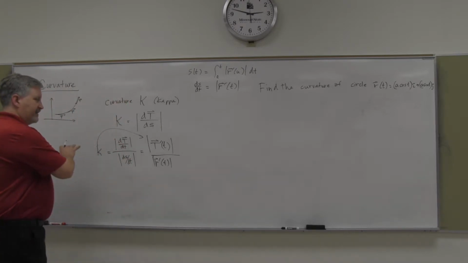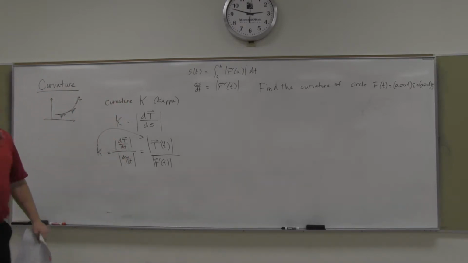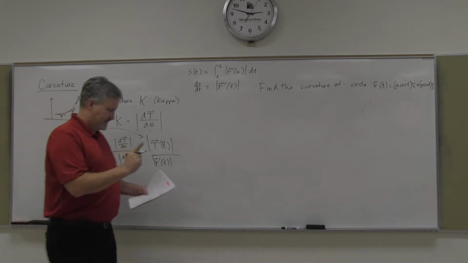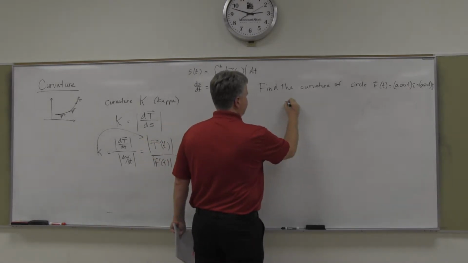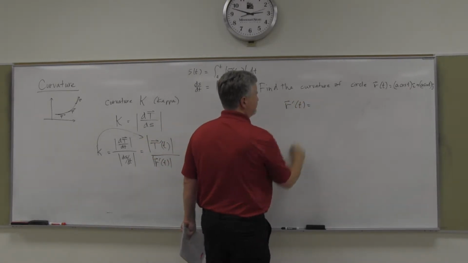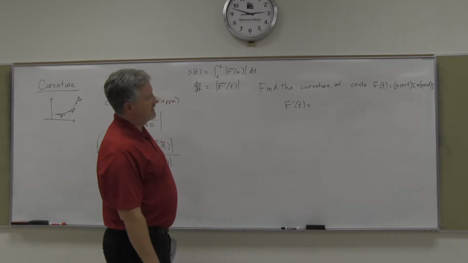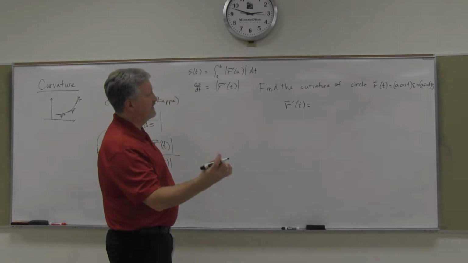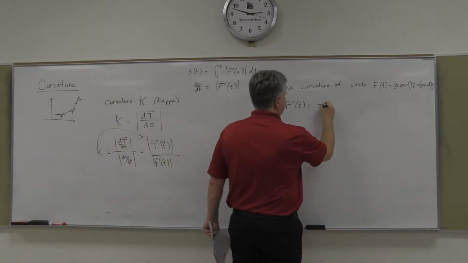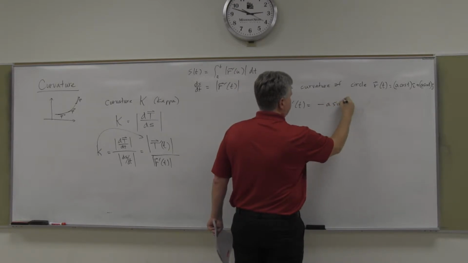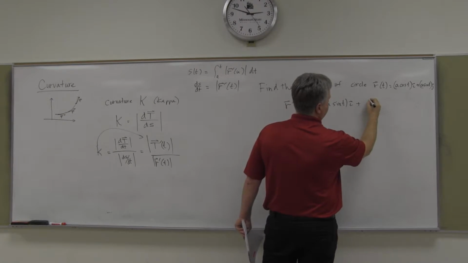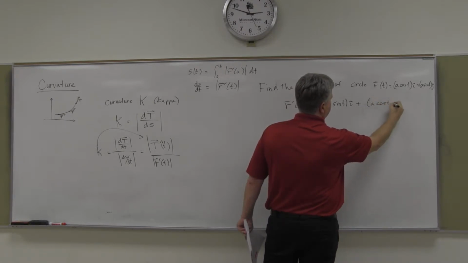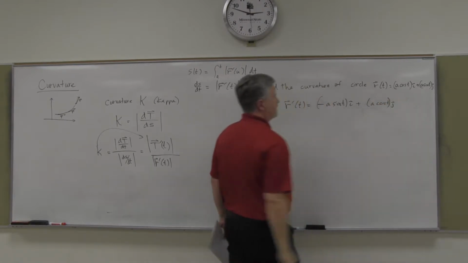All right, so we're going to calculate this curvature. To find it, of course we need the derivative. a is just a number, so r prime is negative a sine t i plus a cosine t j, just the derivative of those two things.